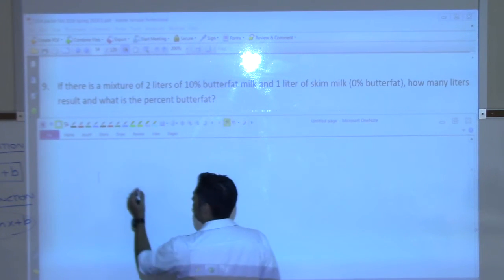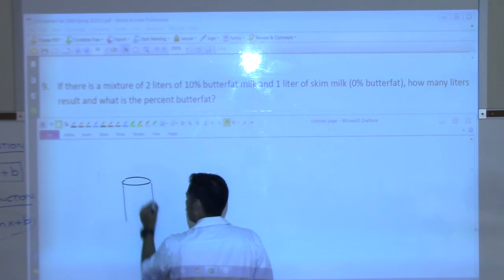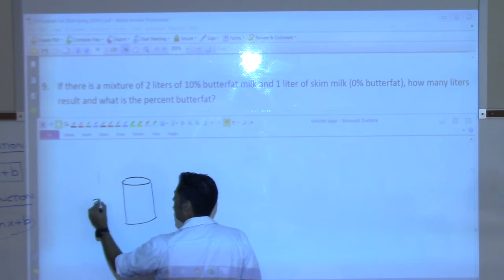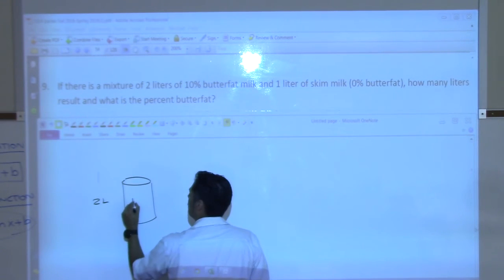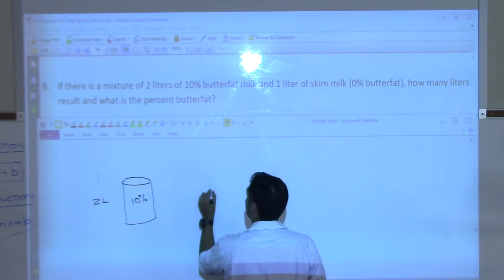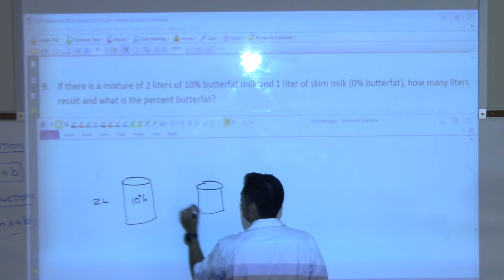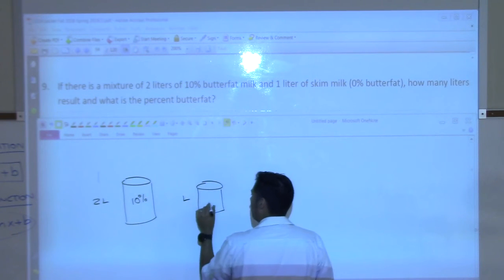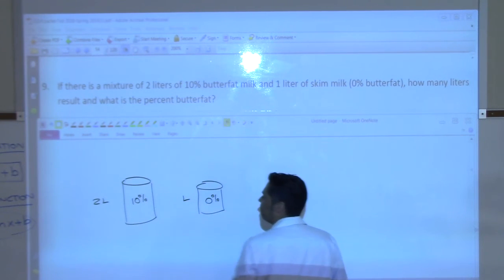So I'm going to draw a picture for this. This is 2 liters of the 10%. And then we have 1 liter of 0%. You don't have to draw a pretty picture.